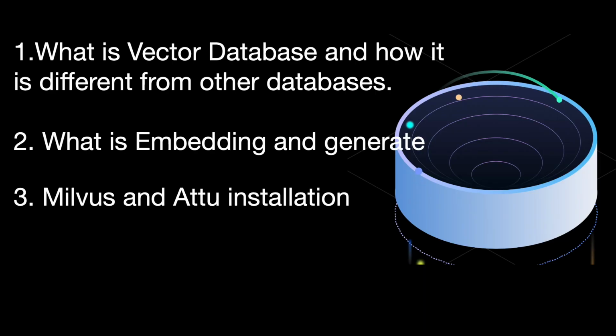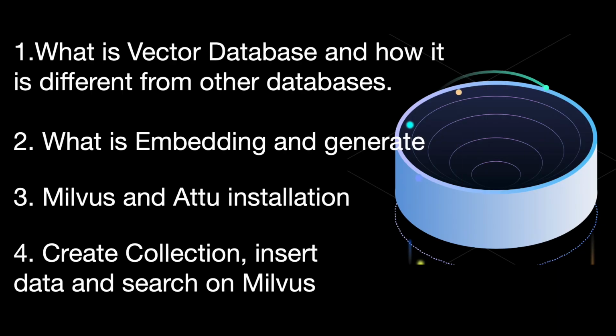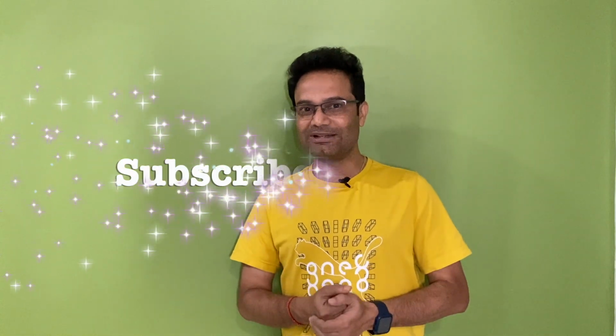Third, I will install all the required software like Docker, Milvus and the UI part of Milvus, called Attu. And the fourth section is a complete demo session. I will create some data, push it into the database, and then do the search and the similar search, everything.